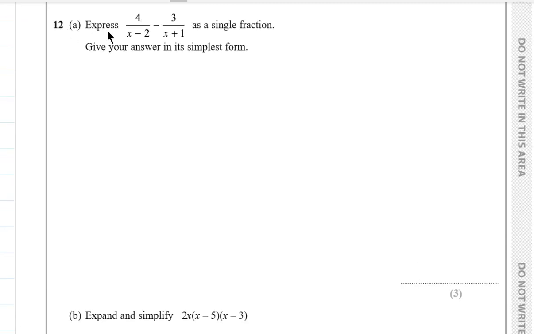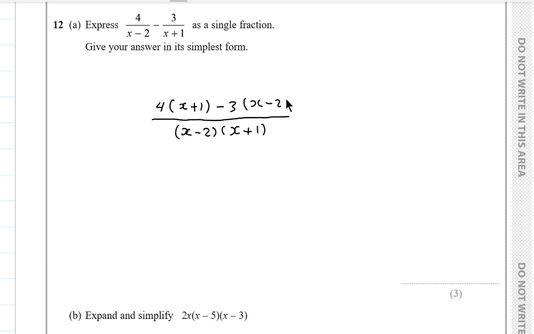Question 12, part (a): express 4 over x minus 2 minus 3 over x plus 1 as a single fraction in simplest form. We will collect them with the same denominator, which is x minus 2 multiplied by x plus 1. I multiply 4 by x plus 1, and then minus 3 times x minus 2.